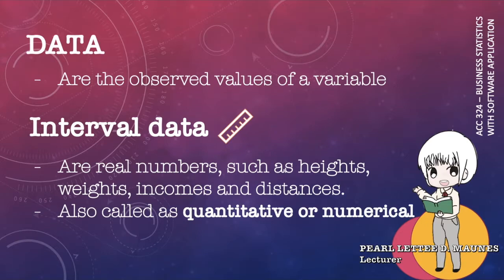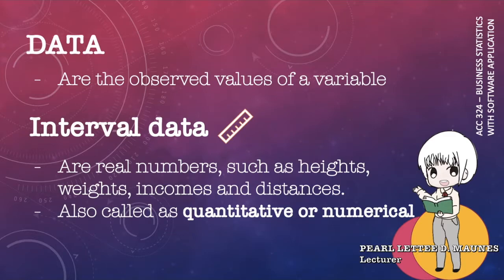So your height might be 5 feet or 6 feet, so it is in real numbers. The same with the weights, like in kilograms, like 1 kilogram, 2 kilograms, 3 kilograms, and so on and so forth.